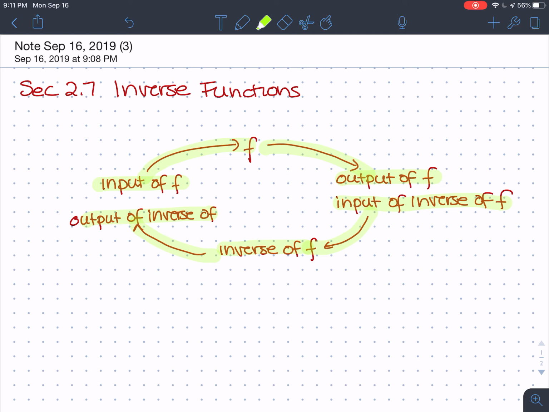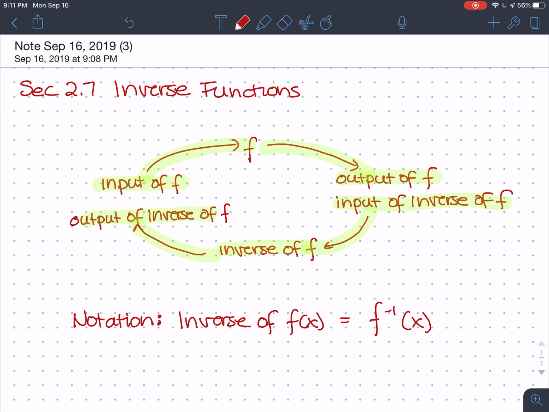Now, that's kind of a mouthful though, inverse of f, inverse of f. I didn't even finish writing f here because I apparently got tired of writing f's. But we have a notation for that. The notation for the inverse of f of x looks like an exponent of -1, and I hear people read it all the time as f to the -1 of x.